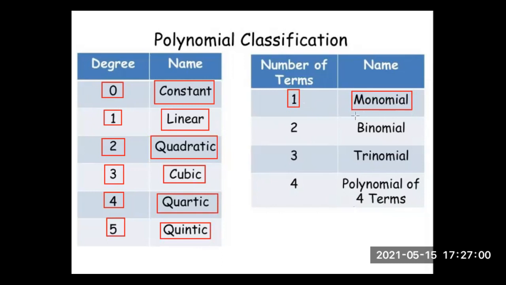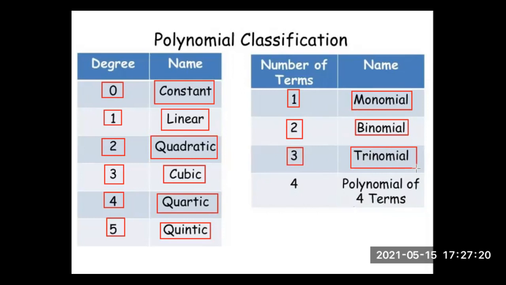Mono means one. If any expression has 2 terms, we call it a binomial. Bi means 2. If any expression has 3 terms, we call it a trinomial. Tri means 3.